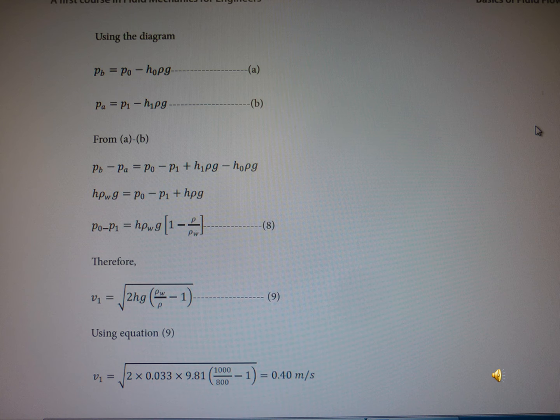And now h rho_W g, so p0 minus p1 plus h rho g, and also p0 minus p1 equals h rho_W g multiplied by 1 minus rho divided by rho_W. So v1 is the square root of 2hg multiplied by (rho_W divided by rho minus 1), so v1 is the square root of 2 multiplied by 0.033 multiplied by 9.81 multiplied by (1000 divided by 800 minus 1), so 0.4 meter per second.